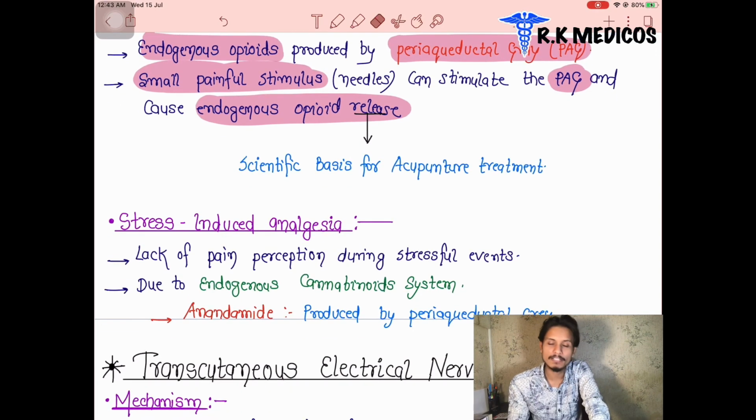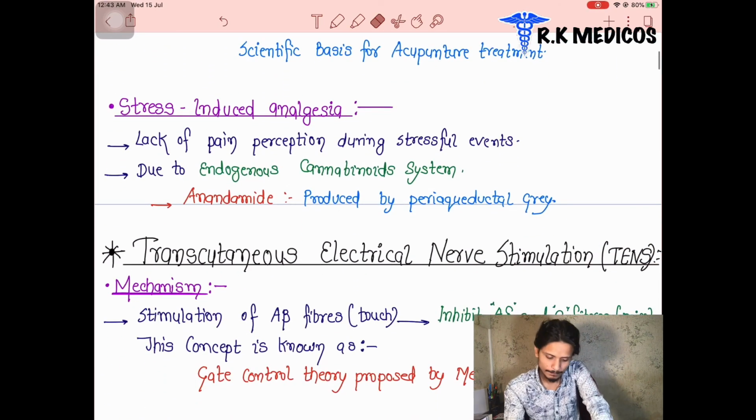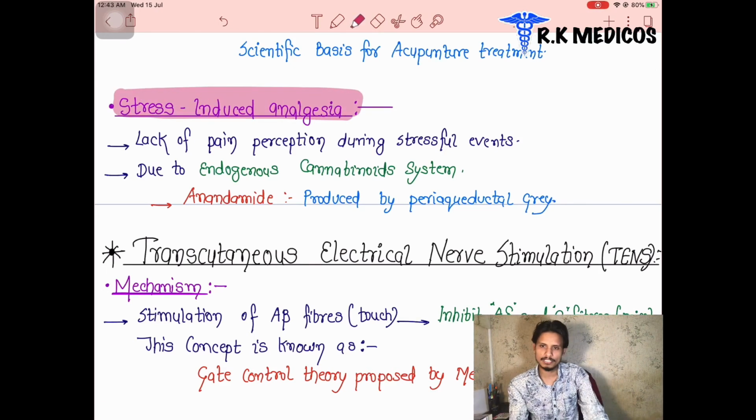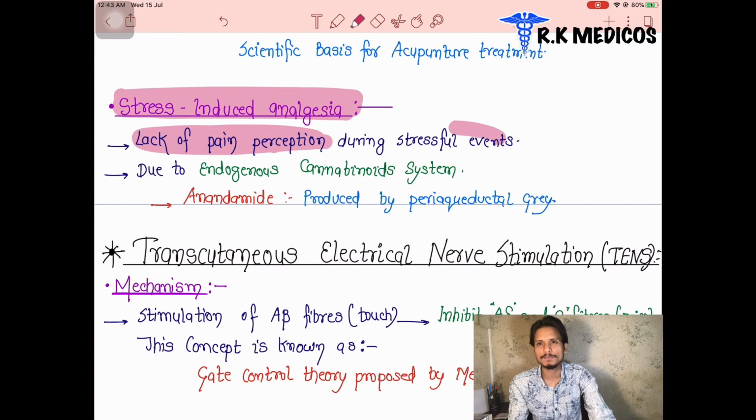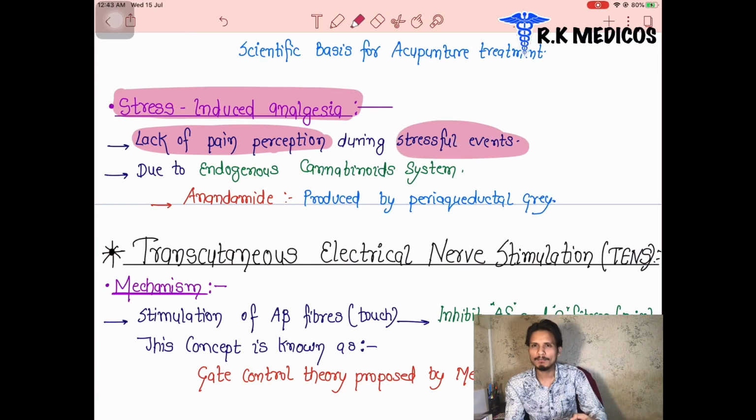Stress induced analgesia. Stress induced analgesia is released when the patient is under stress, so there is a lack of pain perception in that patient. During a stressful event, the pain perception is reduced, so the endogenous cannabinoid system is activated.